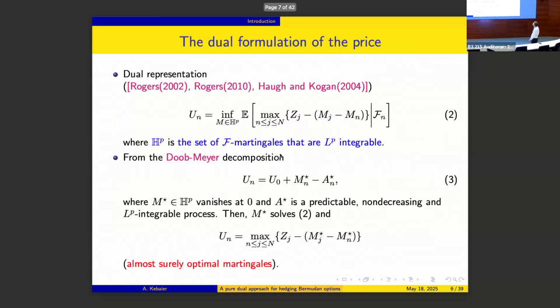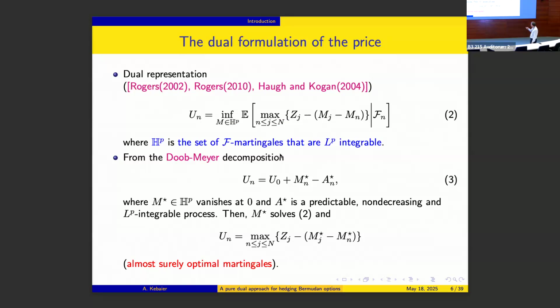So now let's move to the dual formulation. Rogers has two main papers, and there is another paper by Haugh and Kogan, 2004, that reformulate the problem of pricing an American option in a dual approach.